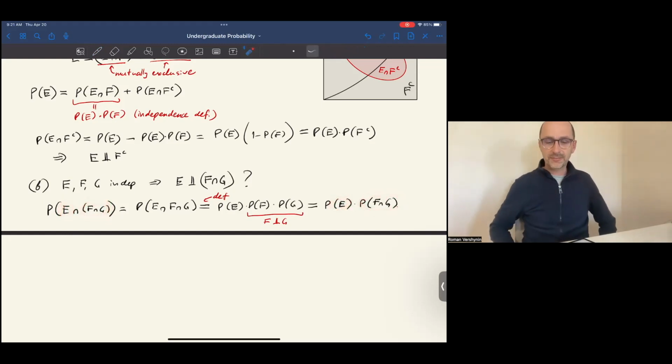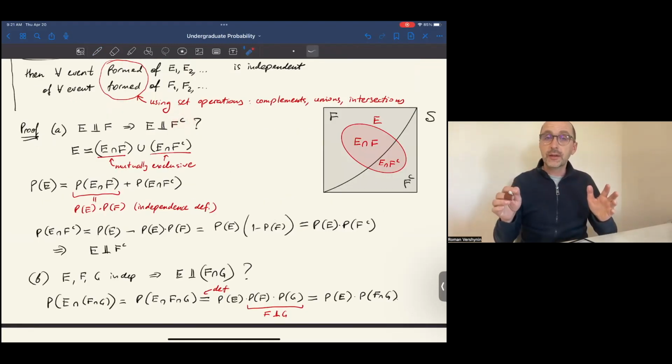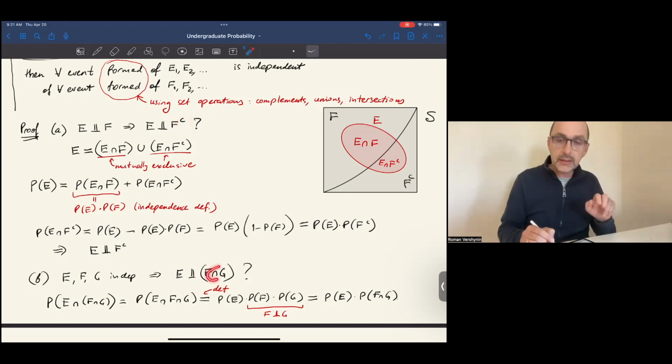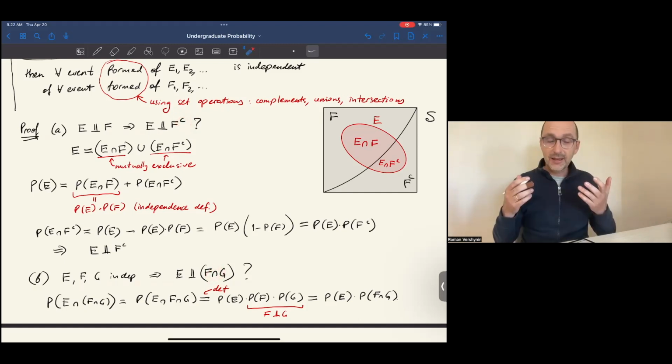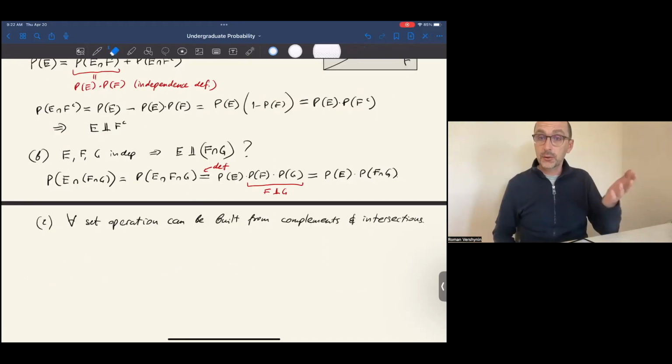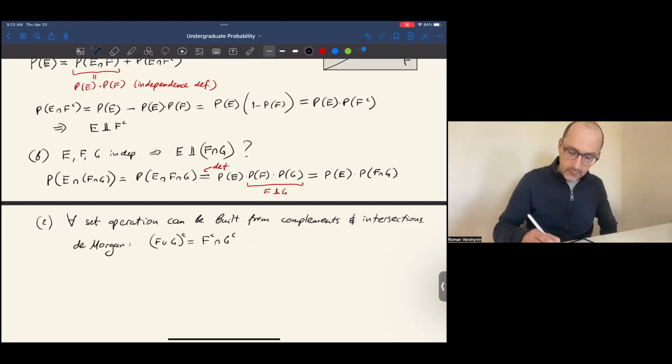At this point, we showed that independence is stable with respect to these two operations, taking the complement and taking the intersection. And now let's just notice that any set operation can be built from complements and intersections. How do you build the union, for instance? You use De Morgan's law. De Morgan's law turns unions into complements and vice versa.